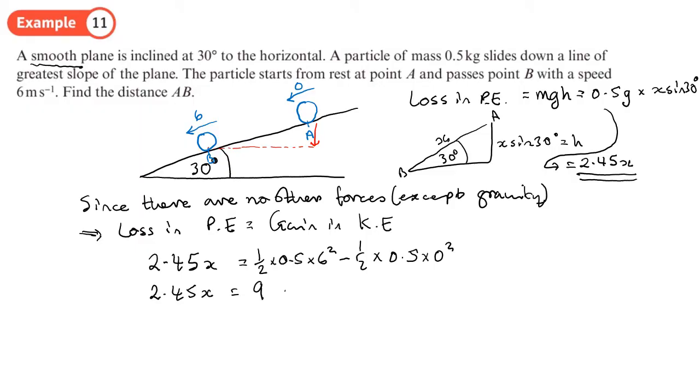And then from there we can work out what x is. x equals 9 divided by 2.45. So let's work that out. I've got 180 over 49, or 3.6734, and so on. We want 3 significant figures, so we'll go for 3.67 meters.